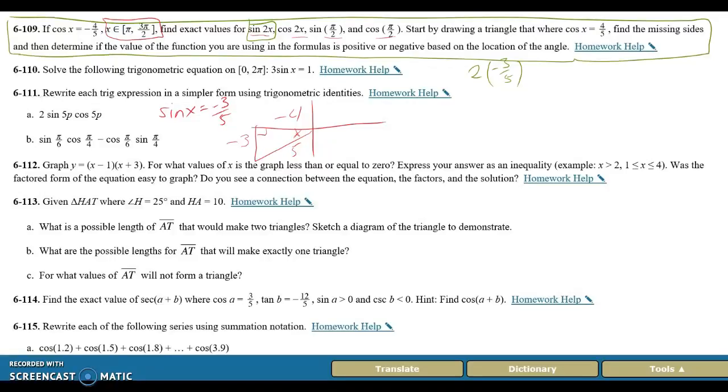And then multiplied by the cosine of the angle, which is -4/5. So that simplifies to, let's see, 2 times 3 is 6, 24. Not negative because it's a negative times a negative, so positive 24/25. So that is the solution to our first one here.